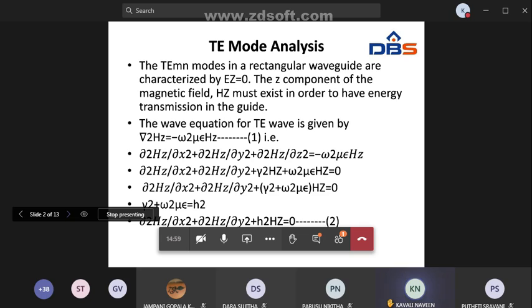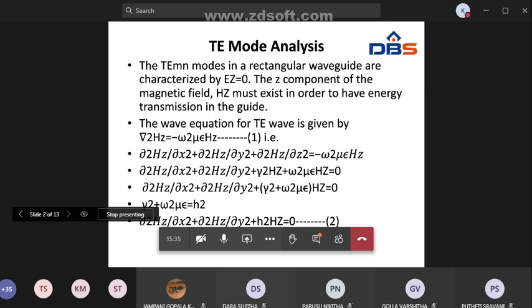The relation between phase velocity and group velocity is Vp into Vg equal to c square, right? And the relation between lambda naught, lambda g and lambda c is lambda g equal to lambda naught by square root of 1 minus (lambda naught by lambda c) whole square.